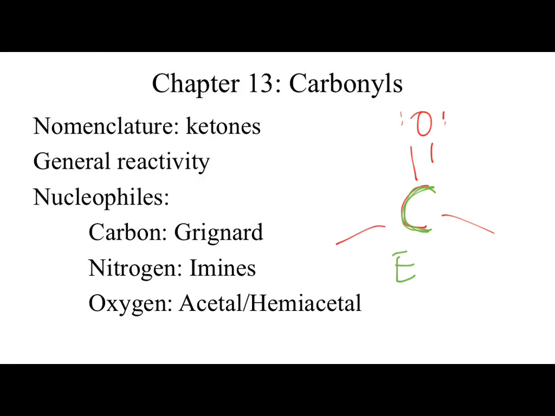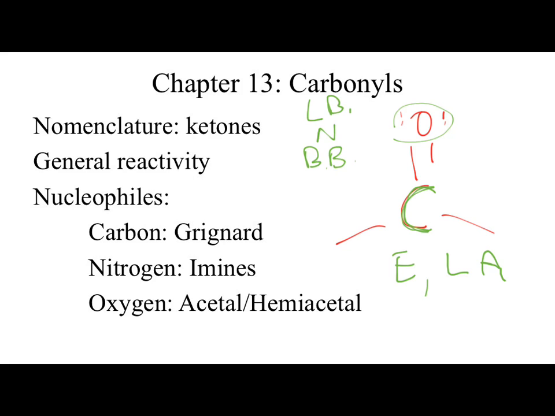So that carbon is partially positive, meaning it can act as an electrophile. It can also act as a Lewis acid. Would it work to call it a Bronsted acid? No, why not? No hydrogen. What does our oxygen act as? We get Lewis base, we get nucleophile, and we also get Bronsted base.